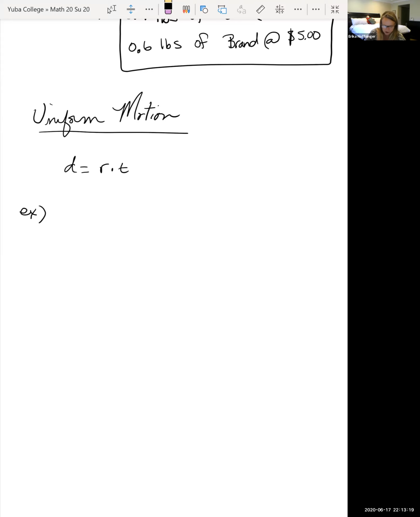Okay, so going back through, it says the speed of the moving walkway is typically about 2.5 feet per second. So we have a walkway. That's actually one word.